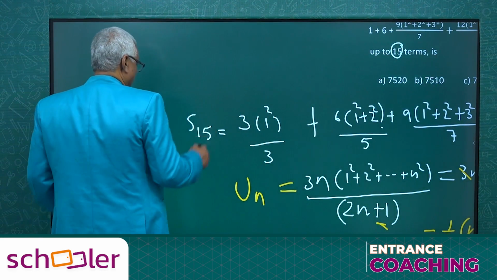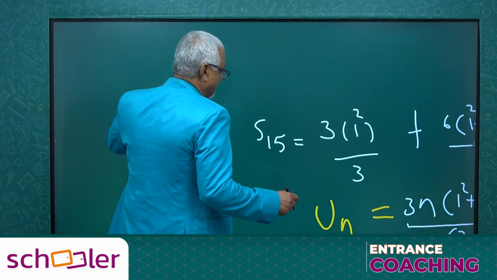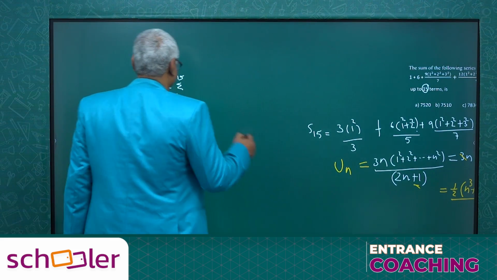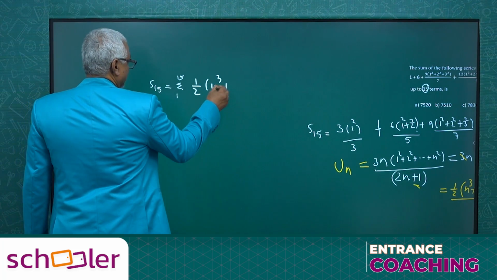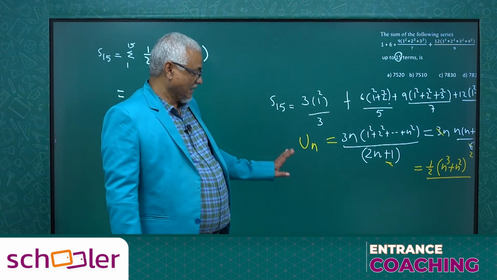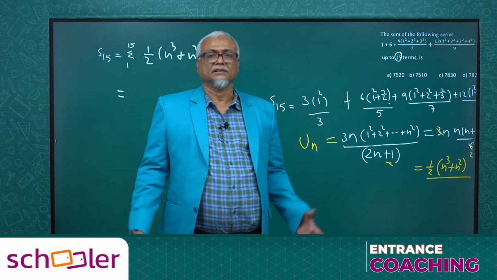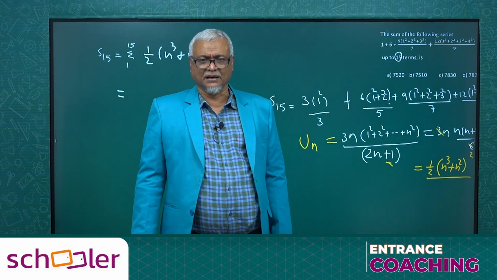Okay, S15 is equal to 1 by 2 into n cube plus n square. This is un, half into n cube plus n square. Then what do we need else?